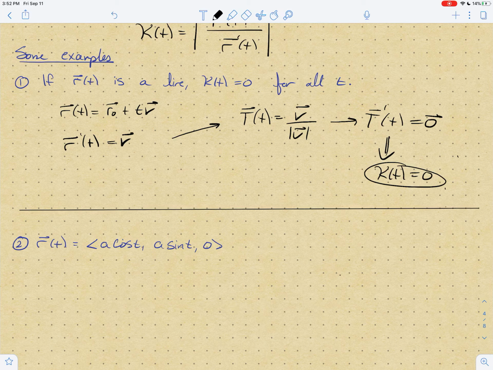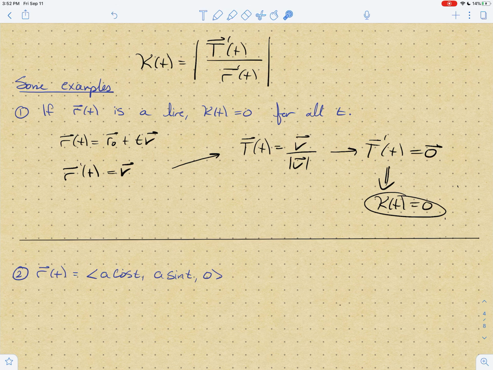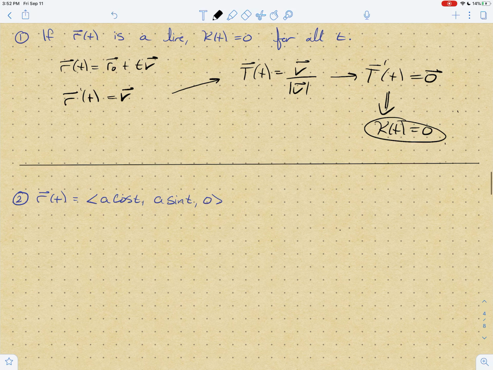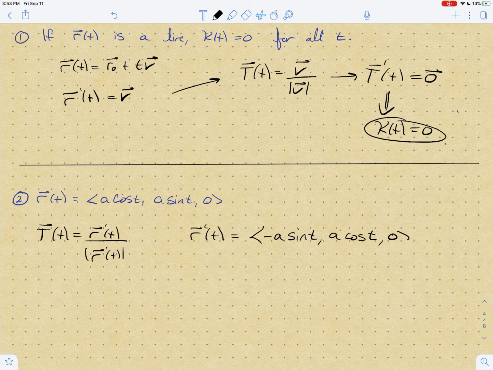So again, the key curvature formula is T prime over r prime, take the length. And so I need to remember that, of course, T of t is r prime of t over the length of r prime of t. And so let's begin by computing r prime. R prime of t is going to be minus a sine t, a cosine t, 0.